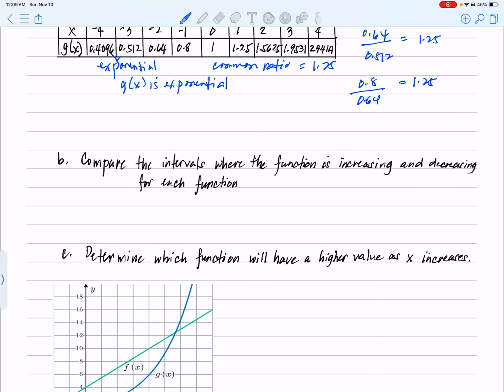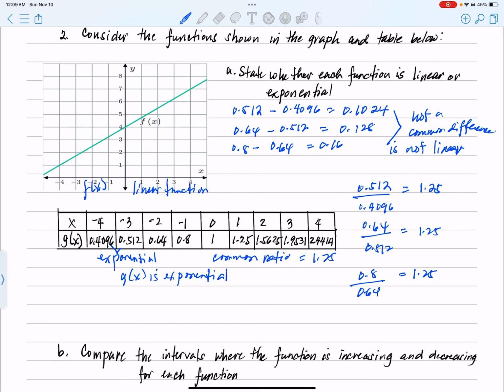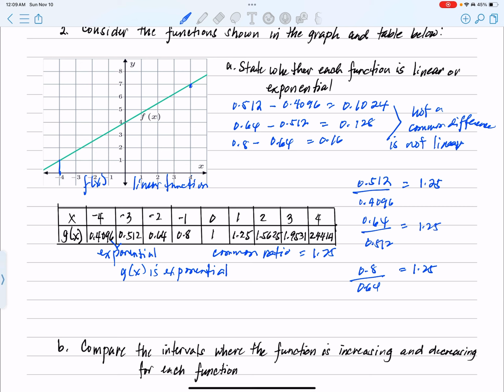Looking at the graph and the domain, when x is -4, y is equal to 1. When x is 4, the value is 2. So is f of x increasing or decreasing by looking at the graph here? It's very clear that it is increasing.